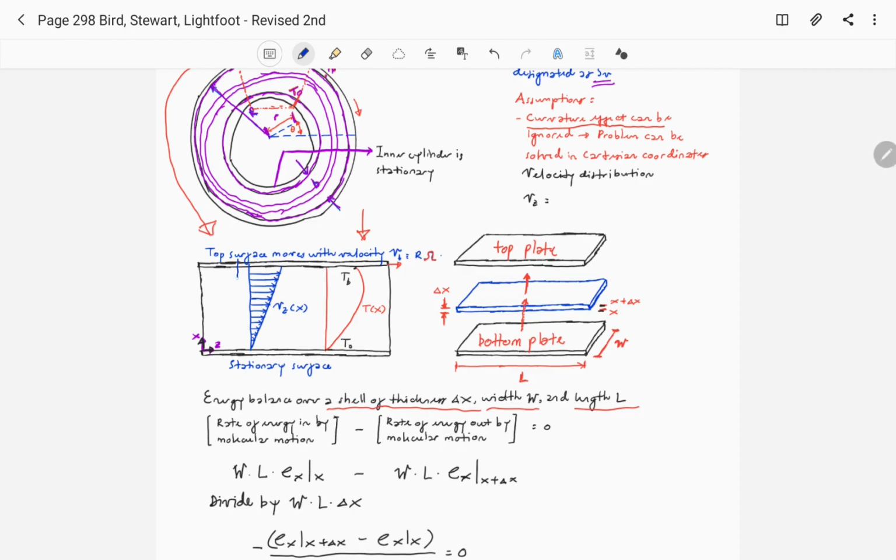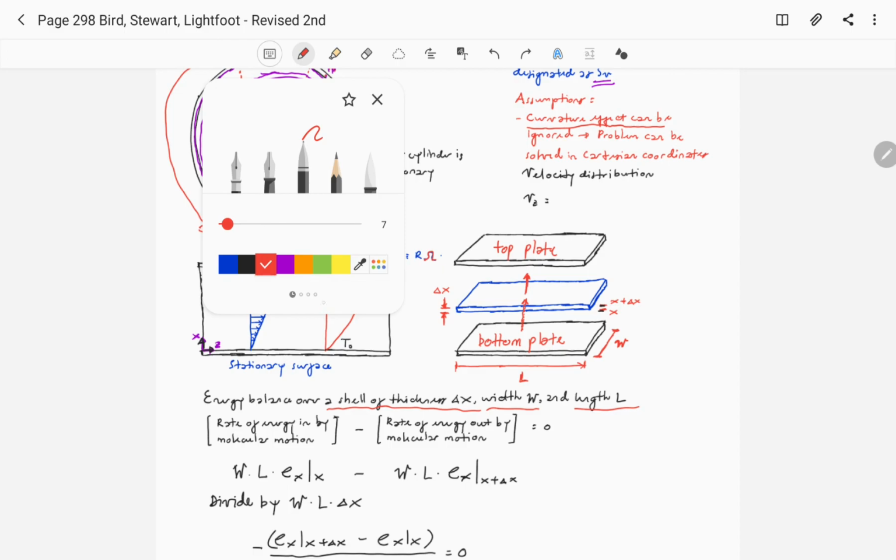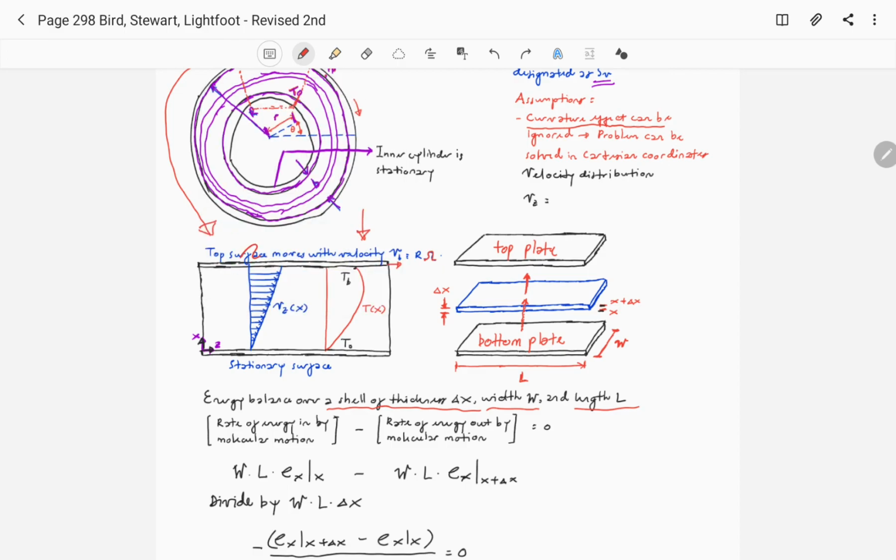So when you postulate this thing, you want to have a look into your original velocity profiles in here. As you can see in here, this velocity basically varies from the bottom plate to the top plate. So the one on top will be equal to this Vb, where Vb is equal to r multiplied by omega, and the one on the bottom will be equal to 0.